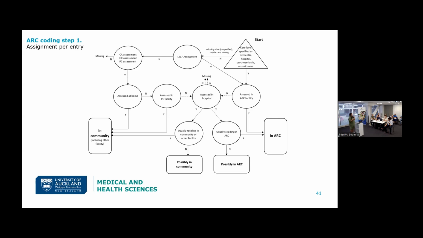And so one of the reasons we want to ask about that transition is to estimate who are the people using community-based care versus ARC. So what's that balance? We can just look at who's using ARC and who's using HC, the home-based community care, but to estimate that balance, we need an estimate of when they transition into ARC.